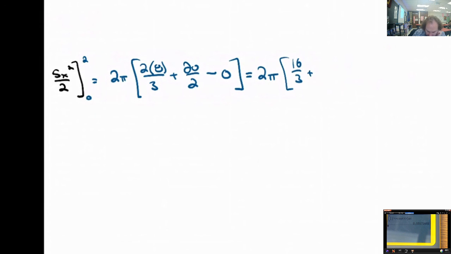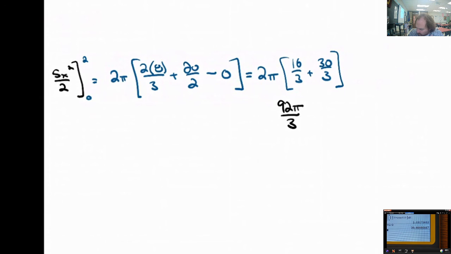I'm going to rewrite 10 as 30 over 3. And that makes it pretty easy. You're going to have 2 pi times 46 over 3, and 2 times 46 is 92 pi over 3. Does 92 divide by 3? It doesn't. So I'm going to leave it just like that. 92 pi over 3. I like that answer.